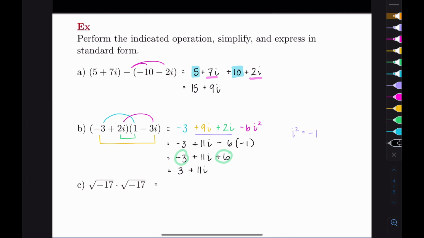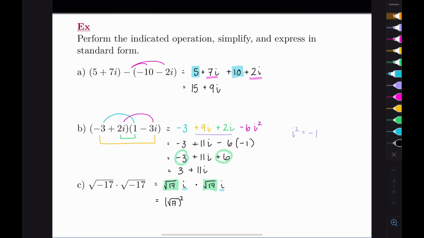For this next one, it's going to be important that I would highly recommend turning everything into i's first. Right off the bat, both of those have a negative, so pop out that minus sign as an i. So we have root 17 times i, times root 17 times i again. When we do multiplication, we can combine the square root of 17 times the square root of 17, which gives us the square root of 17 squared.